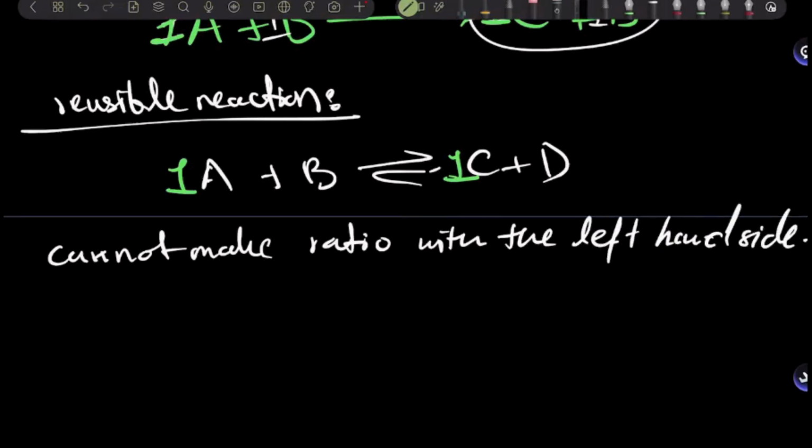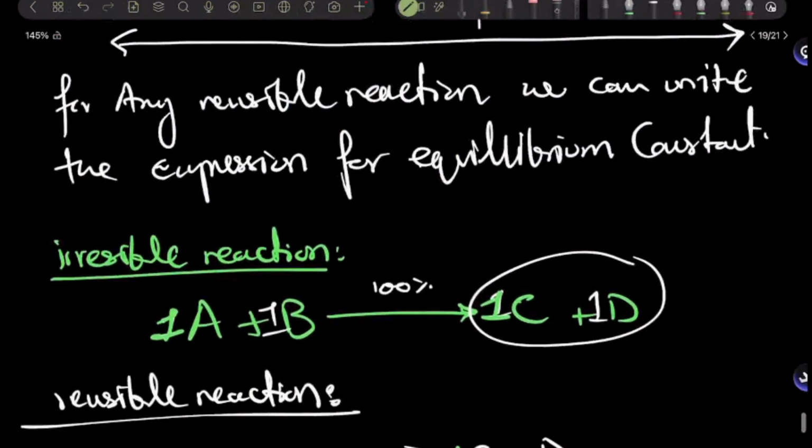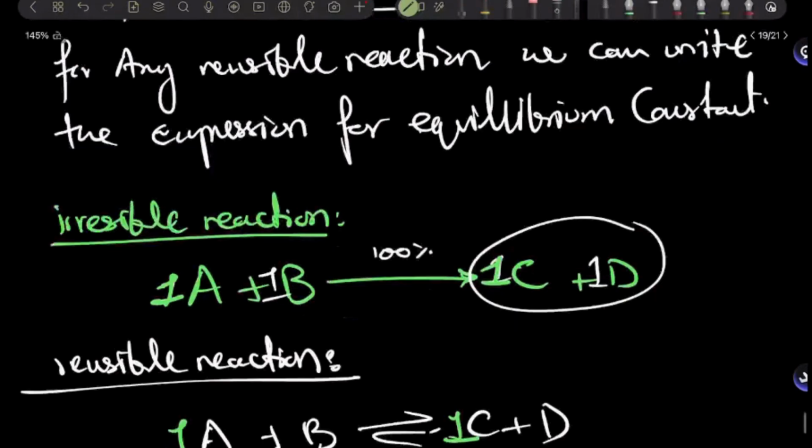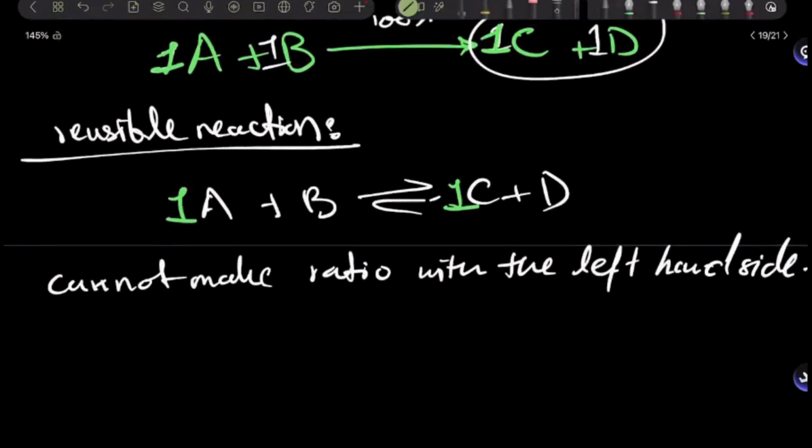But there is a need to figure out how much product will be made if, for example, a reaction goes to equilibrium. In order to quantify reversible reactions, just like we quantify irreversible reactions, which is very easy because you just make ratios simply. For equilibrium reactions, which do not 100% complete, it is not possible to make ratios and figure out how much product will be formed.